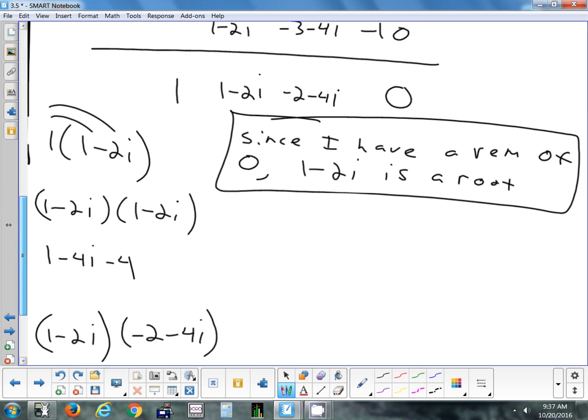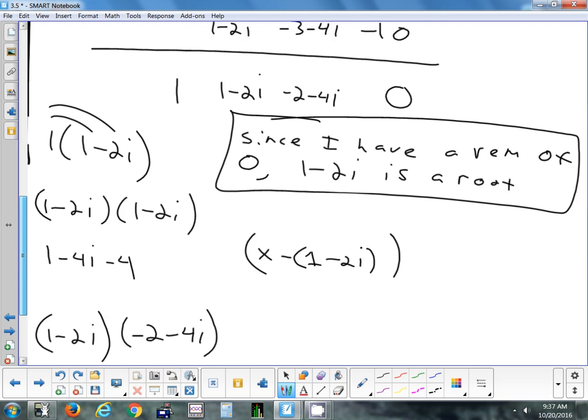So now, 1 minus 2i is a root. What is a factor? X minus 1 minus 2i. Yes. If 1 minus 2i is a root, x minus that is a factor.